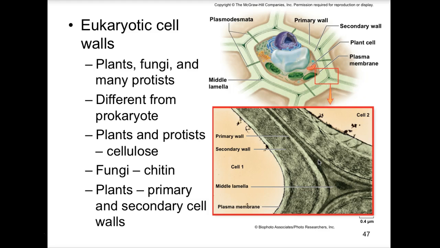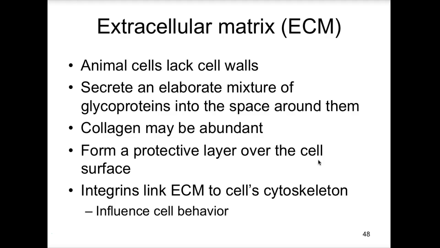fully expanded. In animal cells, you get an extracellular matrix, or an ECM. Animal cells lack cell walls, but they secrete an elaborate mixture of glycoproteins into the space that surrounds them. Collagen may be abundant.